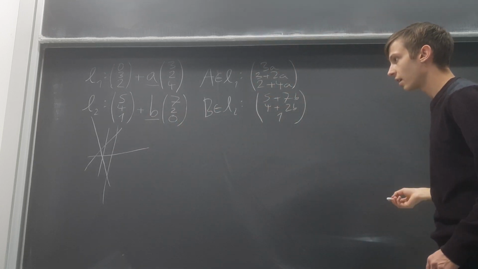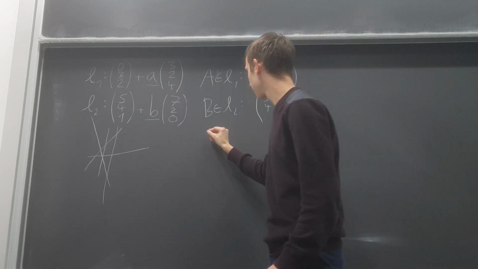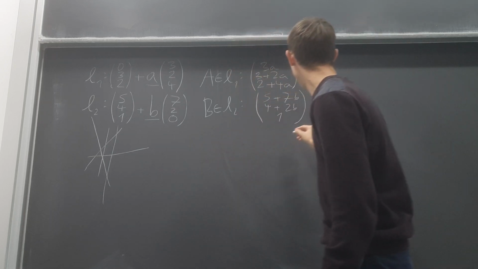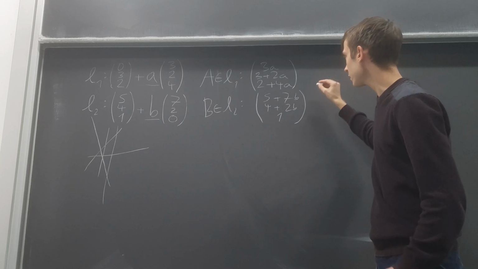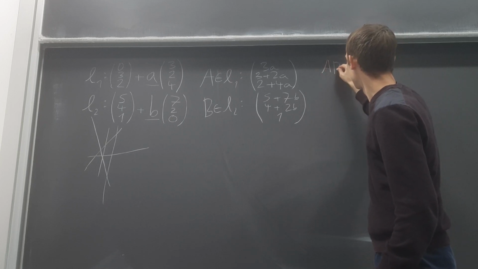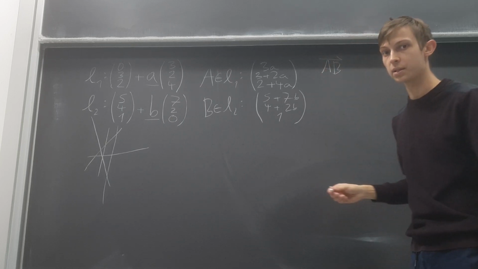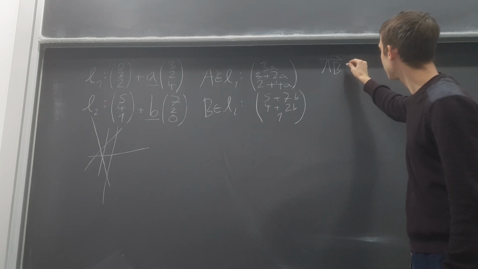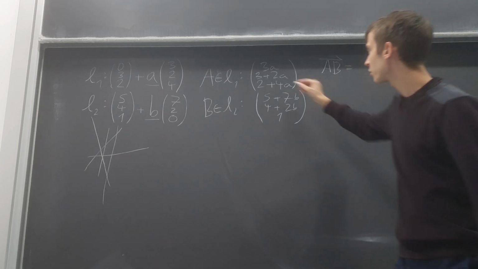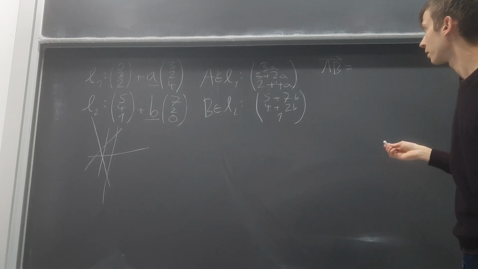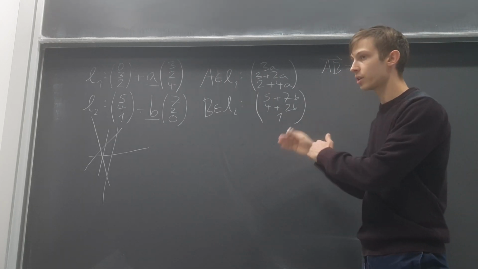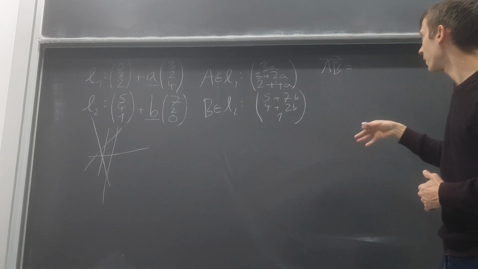Now if we want to create some general vector AB, what that will mean is we subtract these two general things from each other and put that as the entries of a single vector.